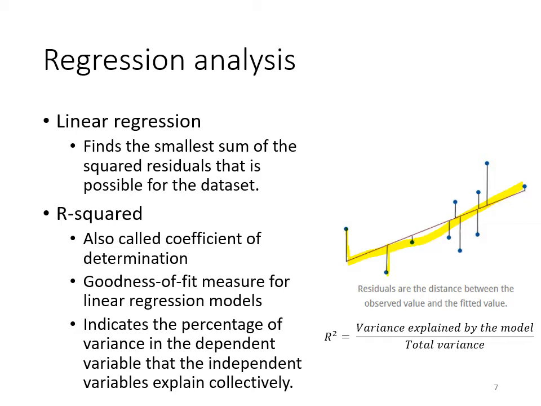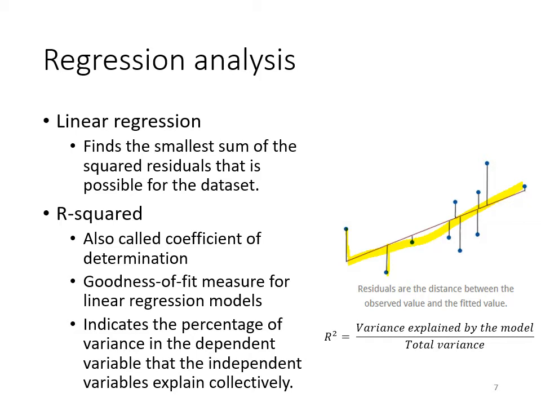We also use R squared. It's also called a coefficient of determination, and it is a goodness of fit measure that we use for linear regression models, and it indicates the percentage of variance in the dependent variable that the independent variables explain collectively.